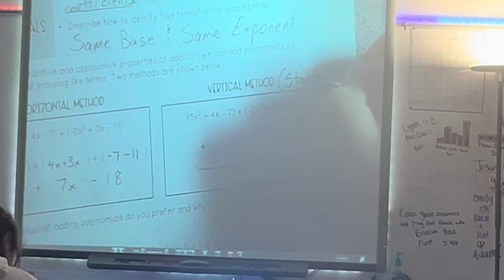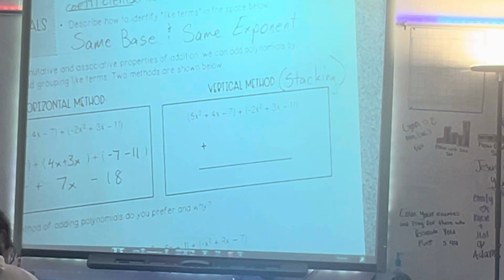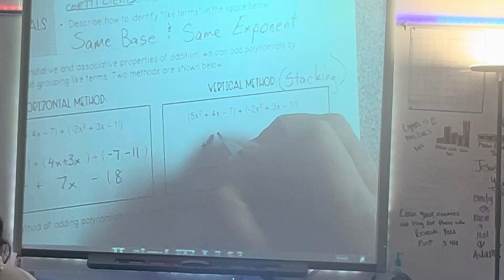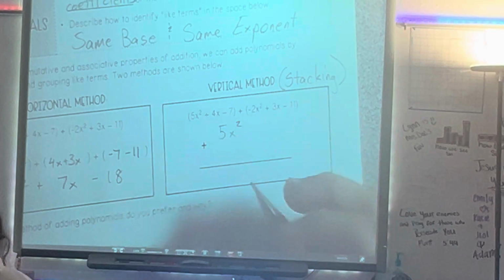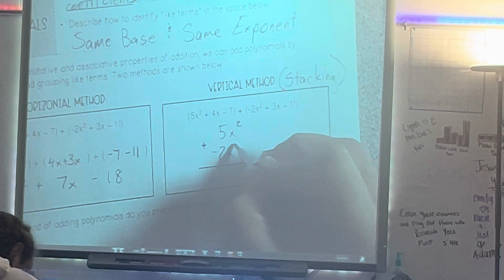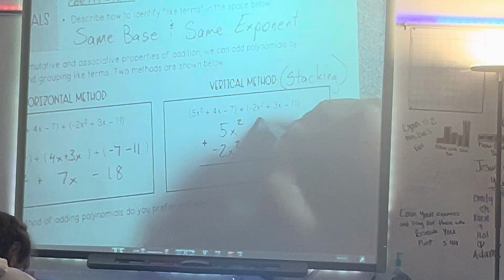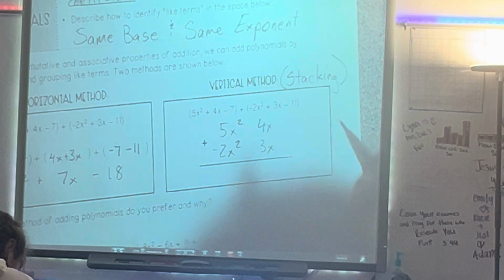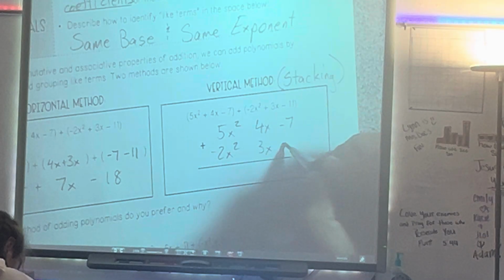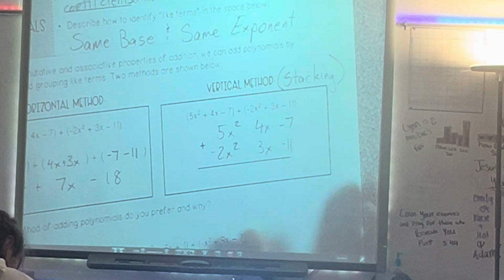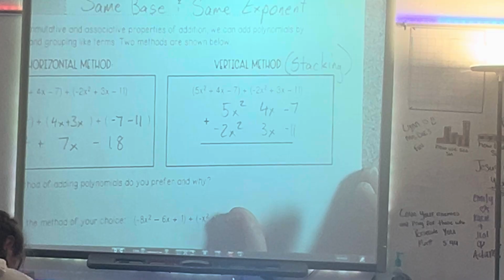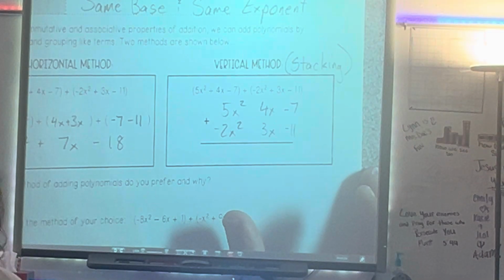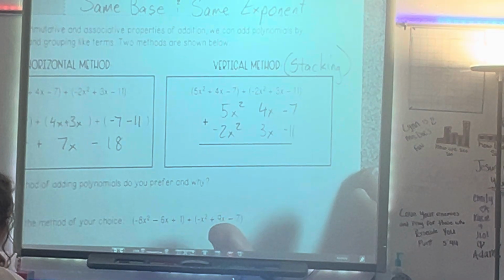So if you hear me say that, that's what I'm talking about. So when we stack, we have 5x squared, negative 2x squared, a positive 4x, a positive 3x, a -7 and a -11. I only write the signs when I stack if it's negative. Otherwise, I know it's positive. Again, that's just a preference thing.